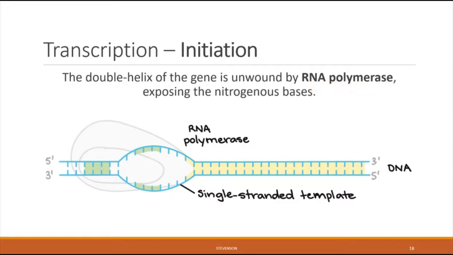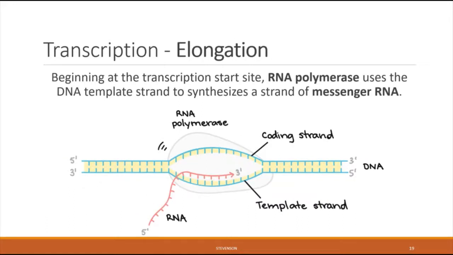It attaches, it opens the DNA, and then when we move into the second stage of transcription, which is called elongation, RNA polymerase will start to cruise through that DNA molecule, opening it up, reading the sequence of letters here, and then building an RNA strand that has a sequence of letters which complements the sequence in the template strand. You may notice that RNA polymerase is only copying one side of the DNA, and that's because, remember, RNA is a single-stranded molecule.